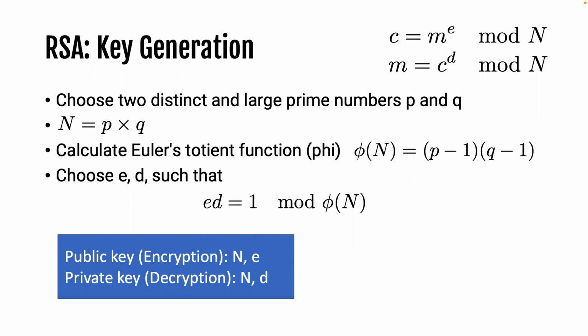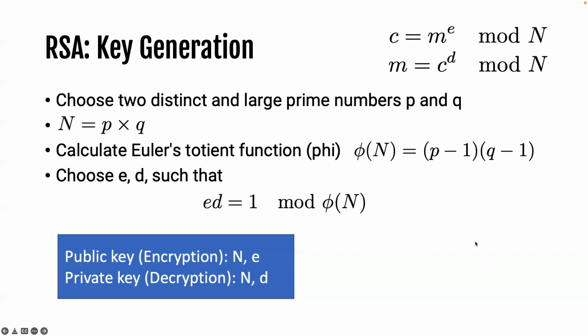This is the way that you can generate the encryption key and the decryption key, as well as the big number n. As we mentioned before, given D, E, and N, you can use these three together to encrypt and decrypt messages.